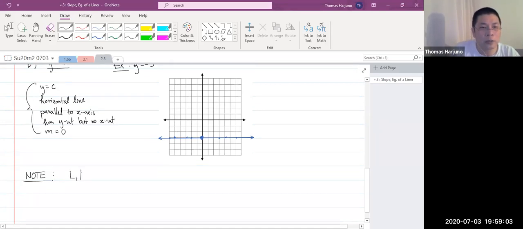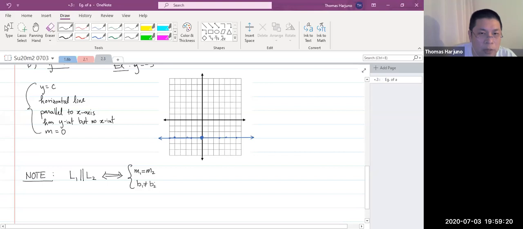Line 1 is parallel to line 2 if and only if the slopes of the lines are the same, yet the y-intercepts are different. If they have the same slopes and the same y-intercept, then those two lines are identical. They are not parallel.